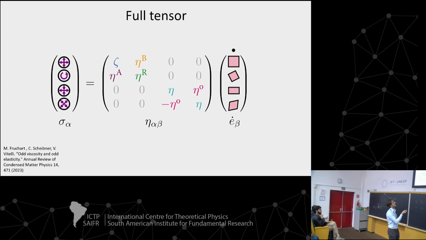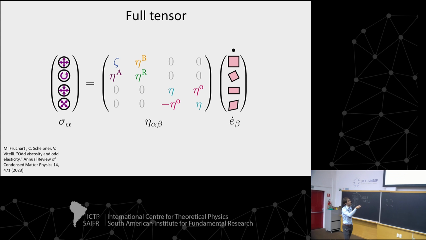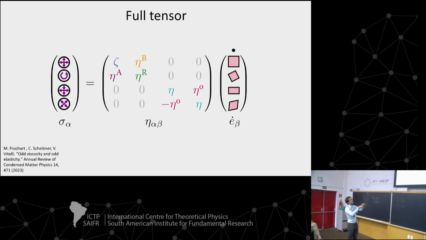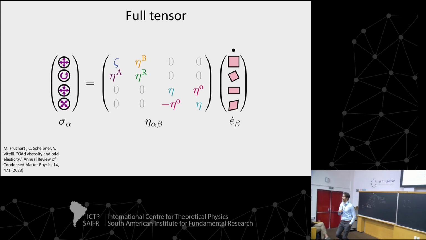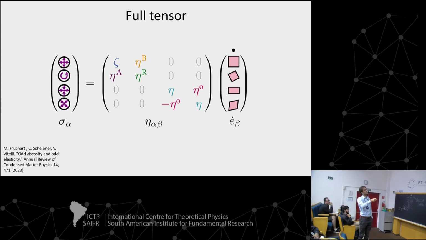So I mentioned this odd viscosity as the only thing that can happen once you break time reversal symmetry, and I should be a little bit more precise about it, which is that this is one of the coefficients that's allowed here. The other coefficients all have to do with rotation in some way.